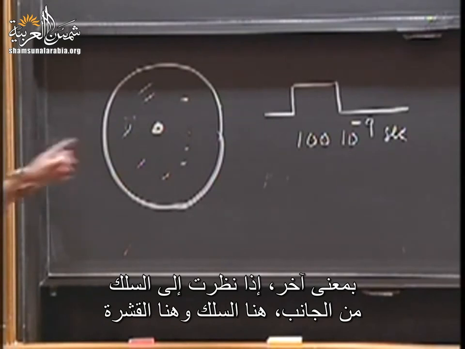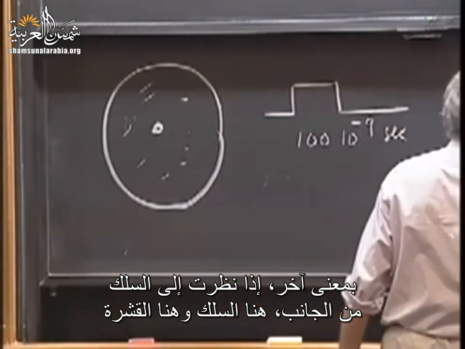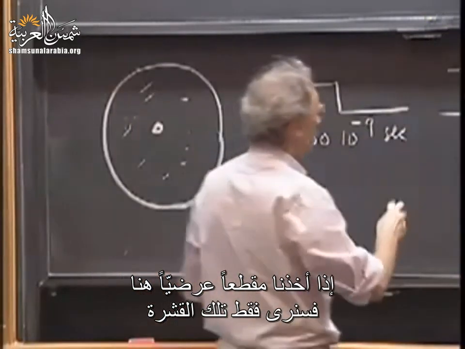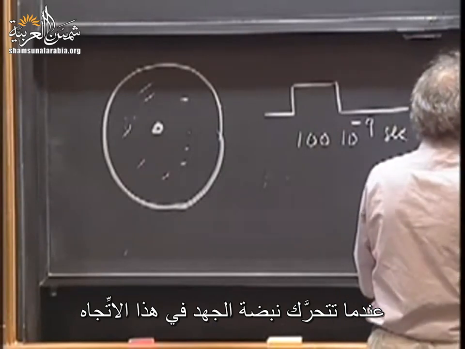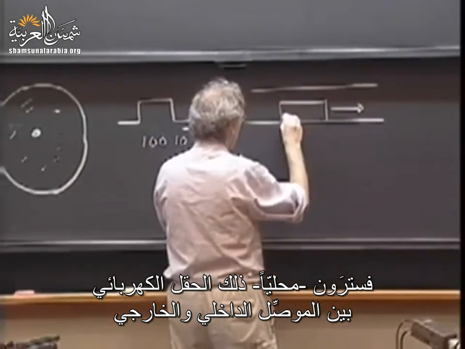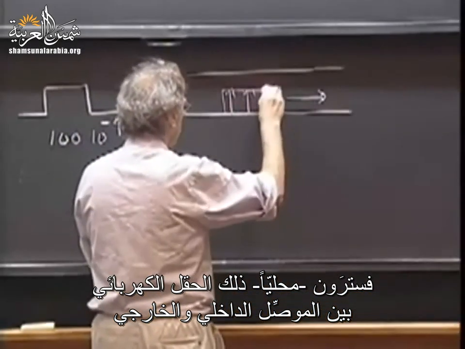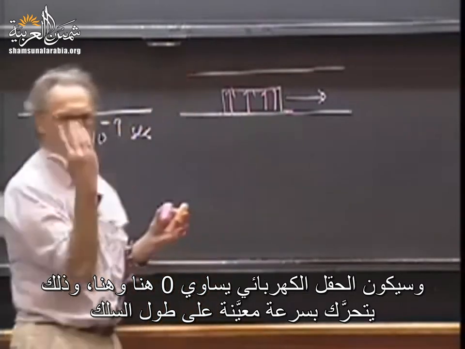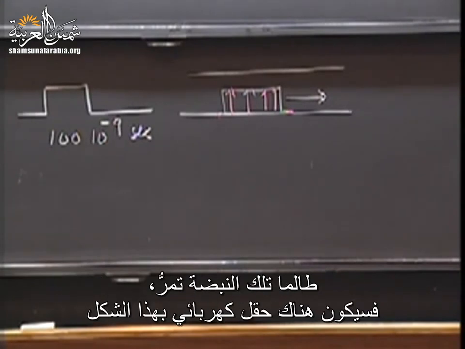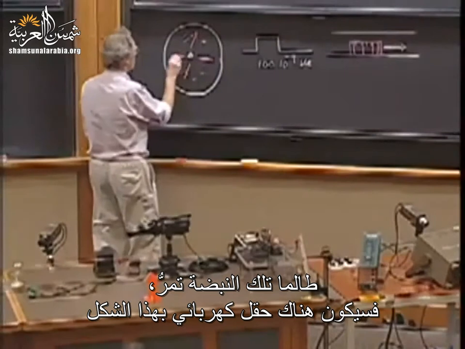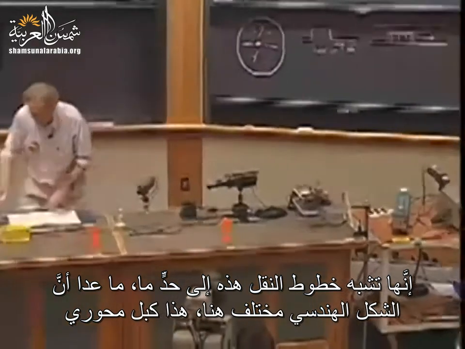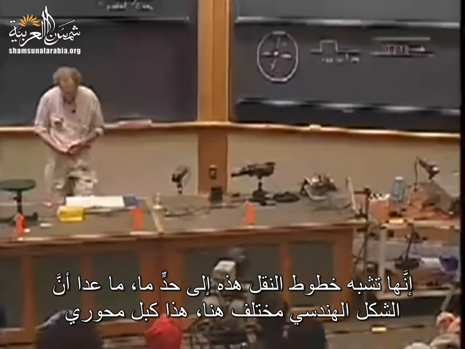In other words, if you look at the wire from the side, so here is the wire, and here is the shell, just take a cross section here so you see only that shell, then as the voltage pulse moves in this direction, then you will see locally between the outer conductor and the inner conductor that E field, and it goes to 0 here and here. And that marches then with a certain speed along the wire. And so as that pulse passes, there will be an E field like this. But when there is no pulse, there is no E field between this and that. So in that sense, it's sort of similar to this transmission line, except the geometry is different here. It is a coaxial cable.